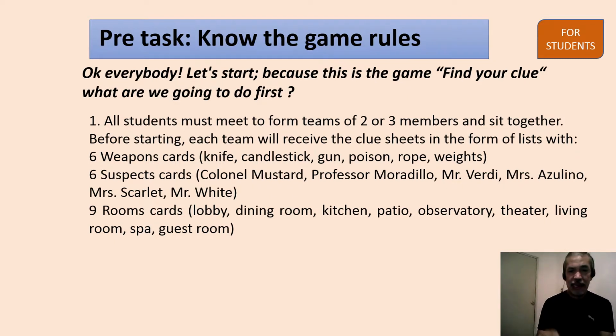Before starting, each team will receive the clue sheet in the form of a list with 6 weapon cards: knife, candlestick, gun, poison, rope, and wrench. 6 suspect cards: Colonel Mustard, Professor Moradillo, Mr. Verdi, Mrs. Asolino, Mrs. Scarlett, and Mr. White. 9 room cards: lobby, dining room, kitchen, patio, observatory, theater, living room, spa, and guest room.